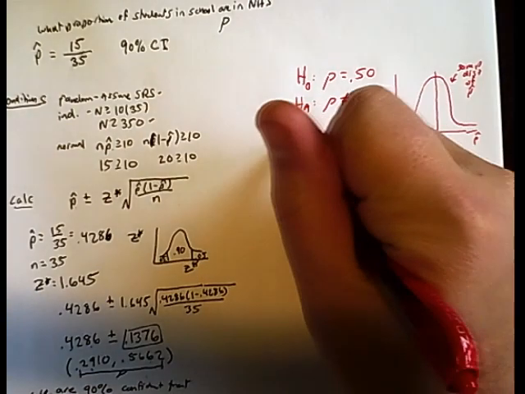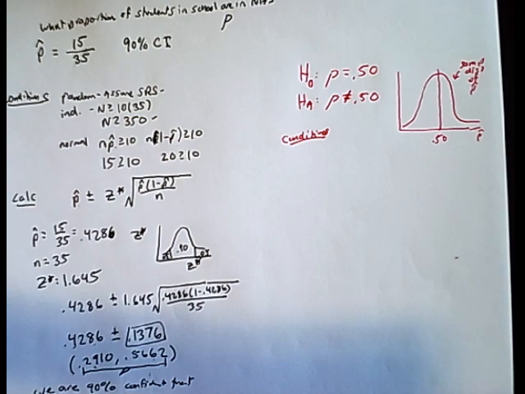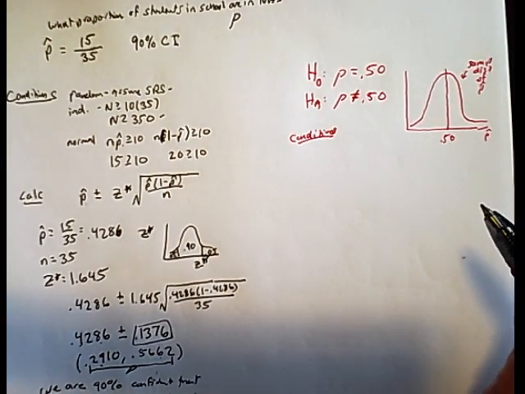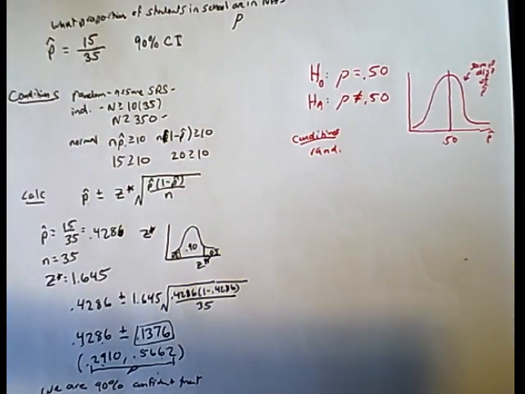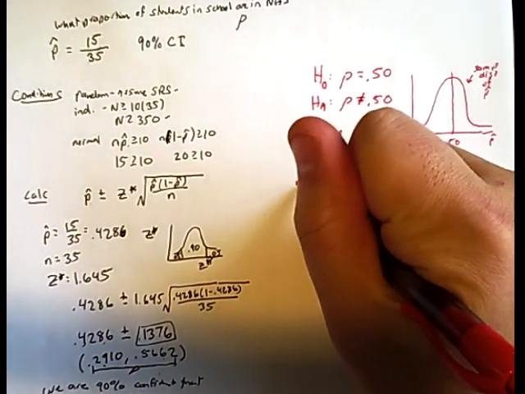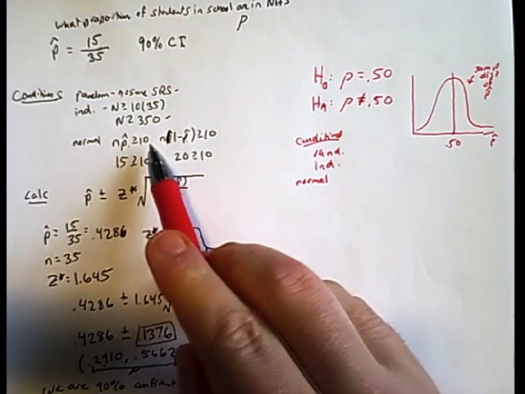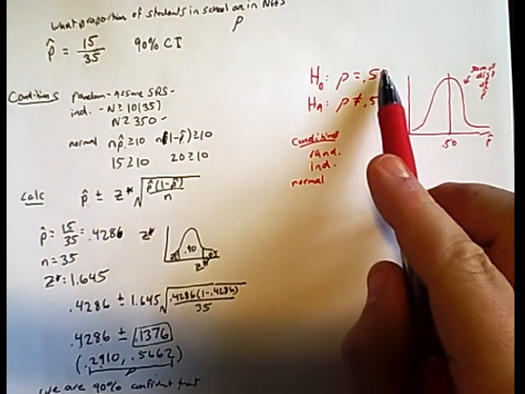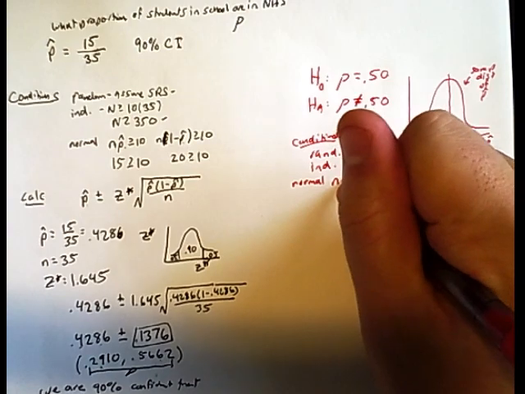Now the conditions are very, very similar, but there's one big difference. All right, the random works exactly the same way. The independent works exactly the same way. But when we do the normal calculations, we do them very similar to here, but we don't use p-hat anymore. We have an assumed value of 50%. So here we would just do n times rho.